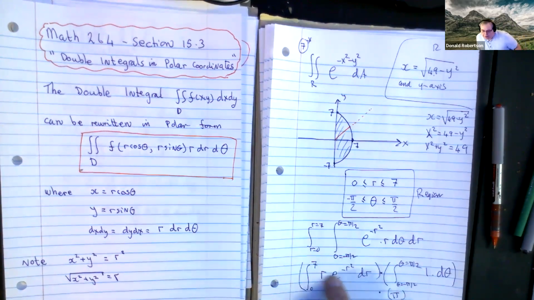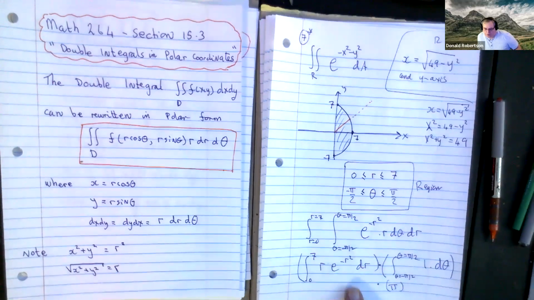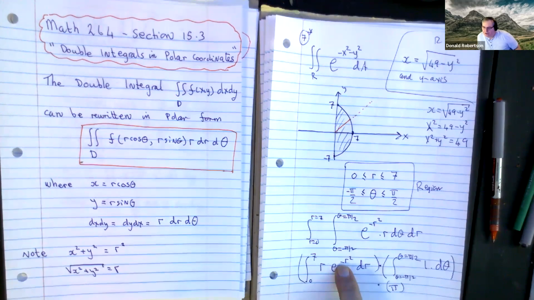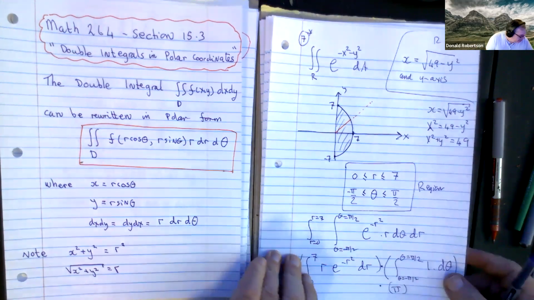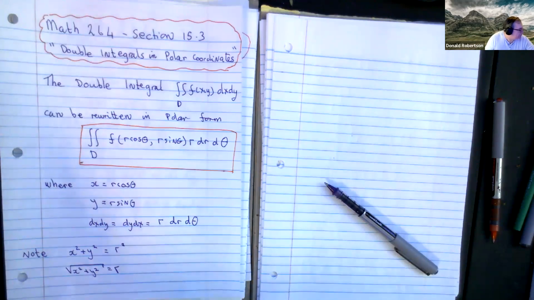And I hope you would look at that and say it's a u-sub, and u is negative r squared. You agree? U-sub, u equals negative r squared, and you're done. Yeah, that one's pretty straightforward. Don't worry about that.